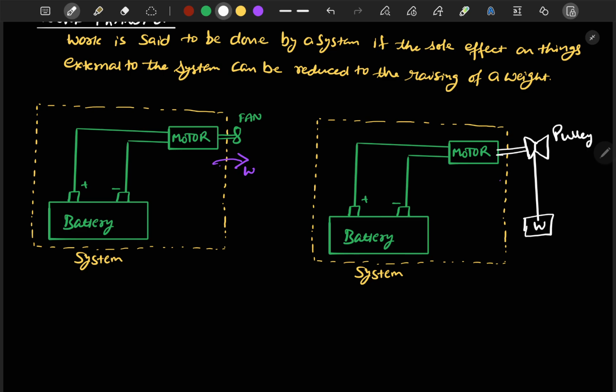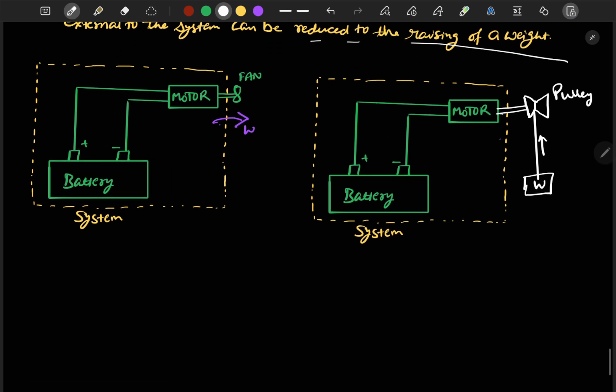So when the motor rotates, the pulley will be raised, or the weight will be raised. So it is directly reduced to raising of a weight. Okay, so here we can say this is the system boundary. Let me write the system inside the blocks in case of any misconception.